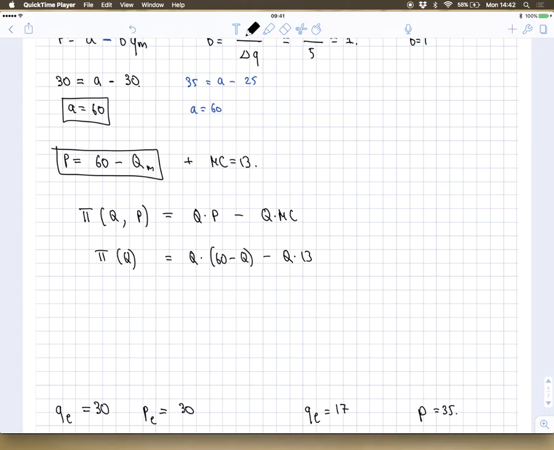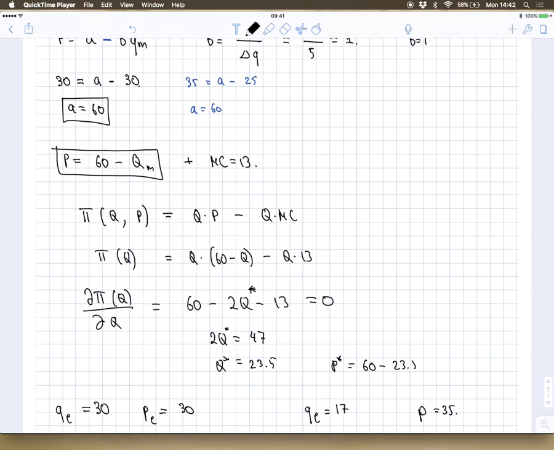And then we can take the derivative of profit with respect to Q. We will get 60 minus 2Q minus 13 is equal to 0. This is my optimal quantity. So 2Q is equal to 47. Q star is equal to 23.5. Right? If I plug this into the demand function, P star will equal 60 minus 23.5.